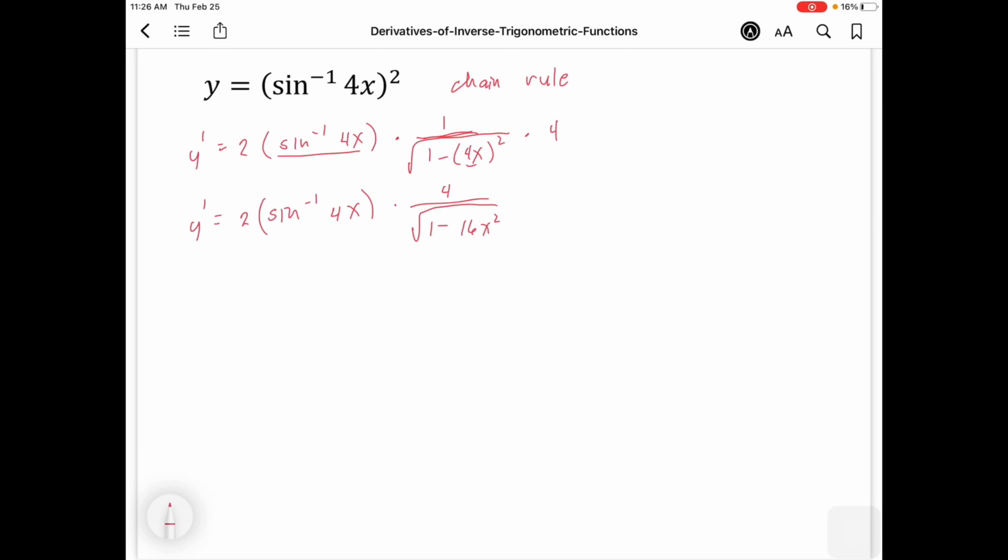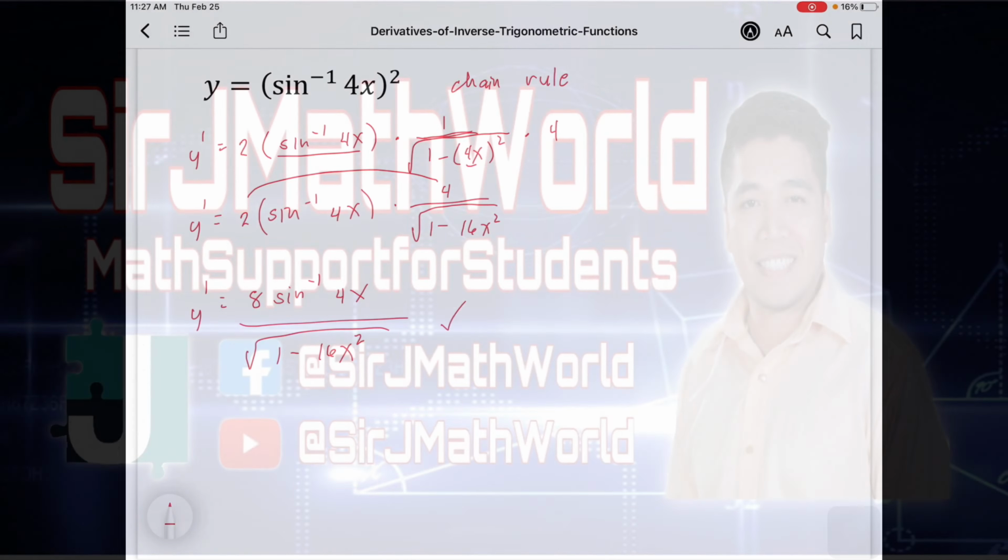Then, after this is, multiply naman natin ito dito. So, y prime is equal to 8 sine negative 1 4x all over the square root of 1 minus 16x squared. This will be the answer.